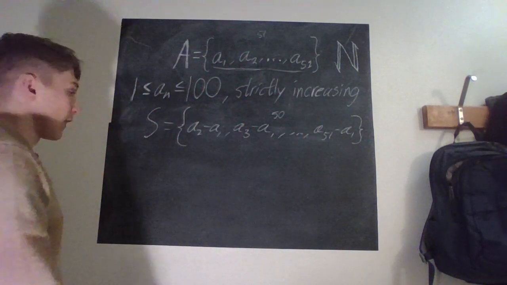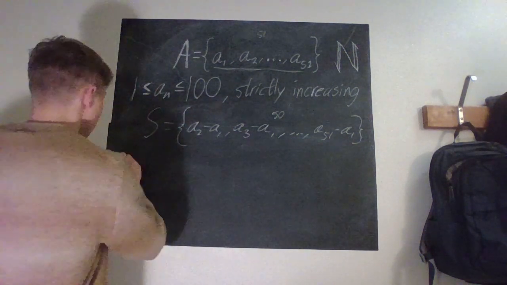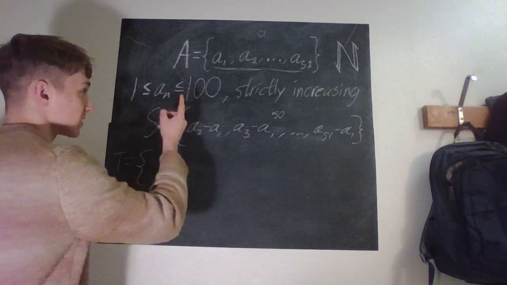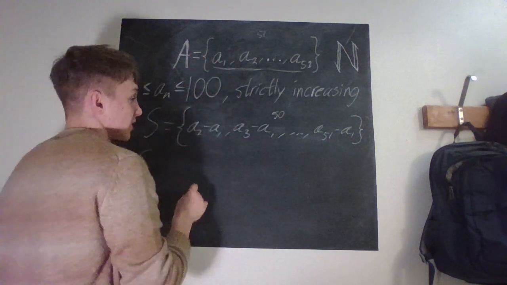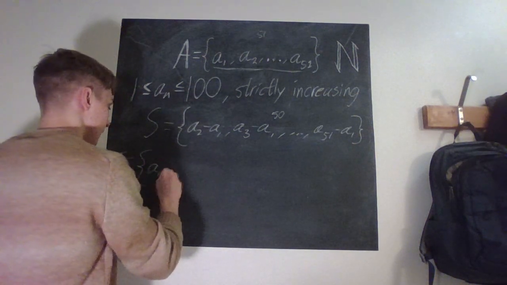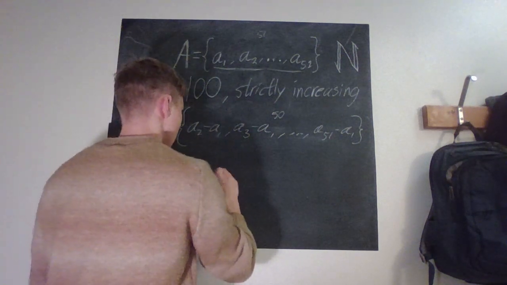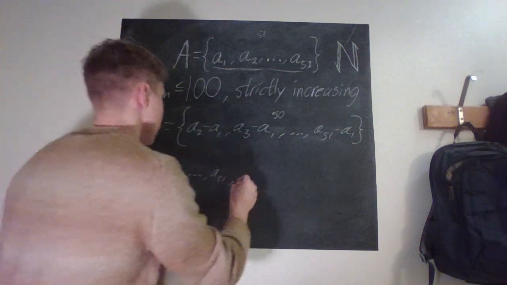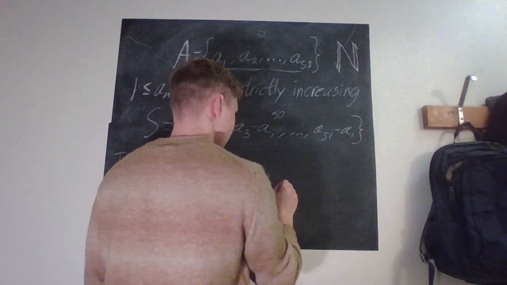If we then so-called concatenate these two lists, meaning that we create a new list, I call it T, which is just all of the elements in A next to all of the elements in S. So we just have A1, A2, all the way up to A51, which is just the list A, and then we just write down all the elements in S. So A2 minus A1, and yeah, you get the point.